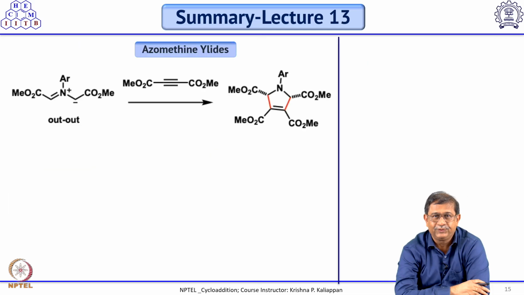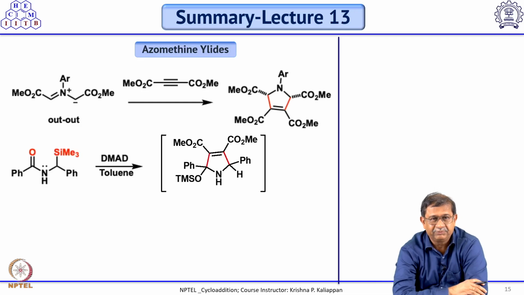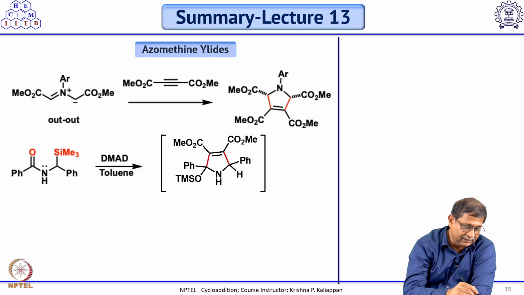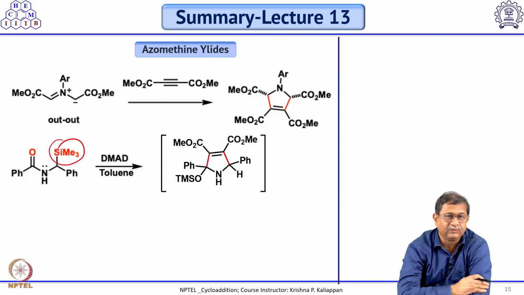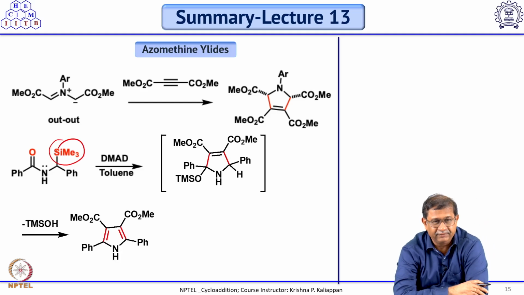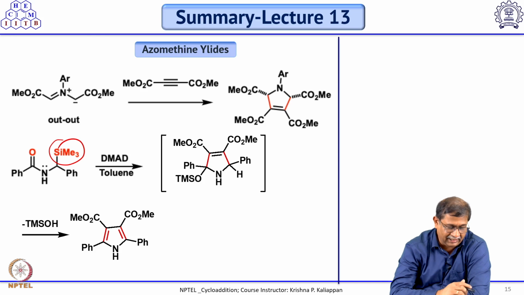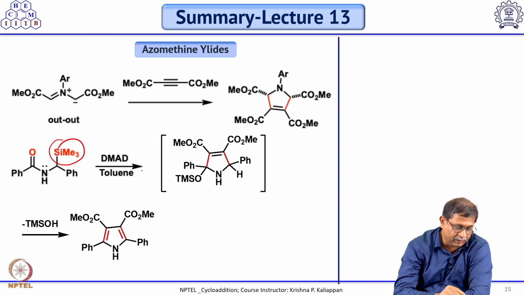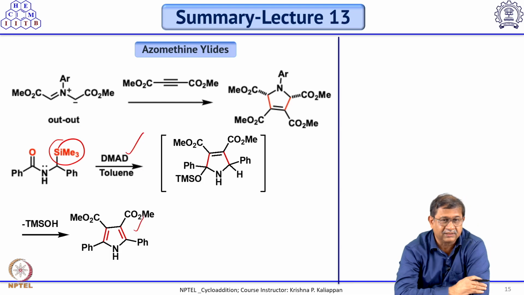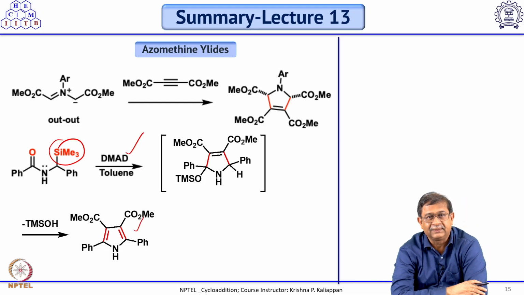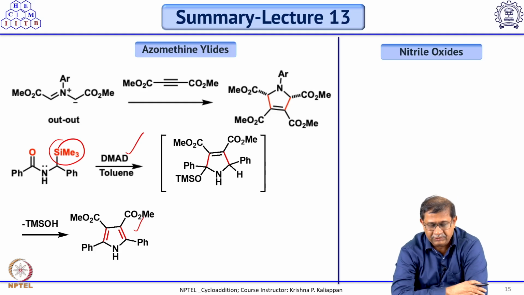And we also continued that a little bit in lecture 13 with some selected examples, and here in this case you can see this trimethylsilyl group can be easily cleaved under fluoride treatment, and that followed by 1,3-dipolar cycloaddition with dimethyl acetylenedicarboxylate, and followed by loss of TMSOH, one can get tetra substituted pyrroles, which are not that easy to make. Then from azomethine ylides we move to nitrile oxides.